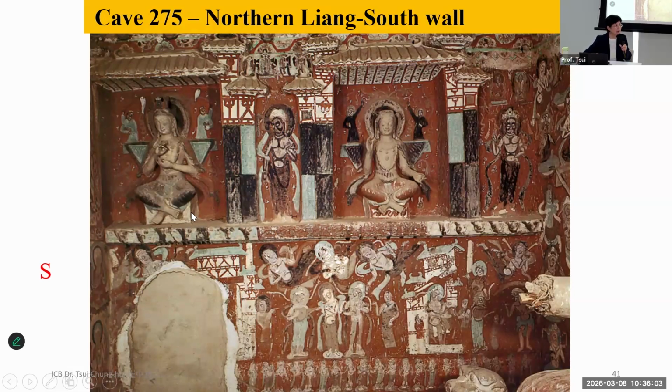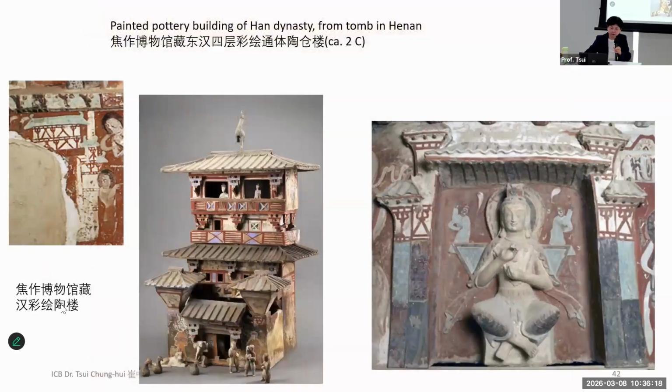So how can we know this is Tusita heaven? Because in ancient time, this type of architecture was called a Tsui in the Han Dynasty. This type of Tsui building architecture was a symbol of heaven and a very good place for the dead person.